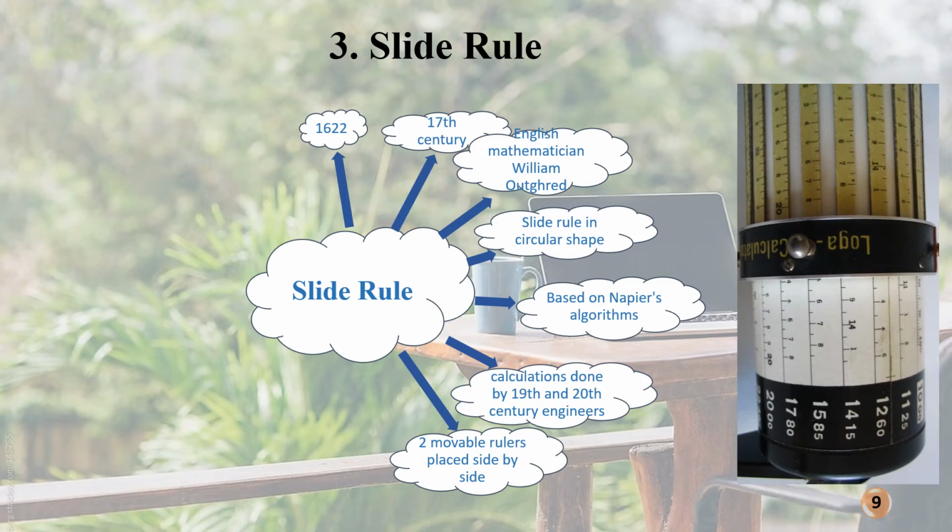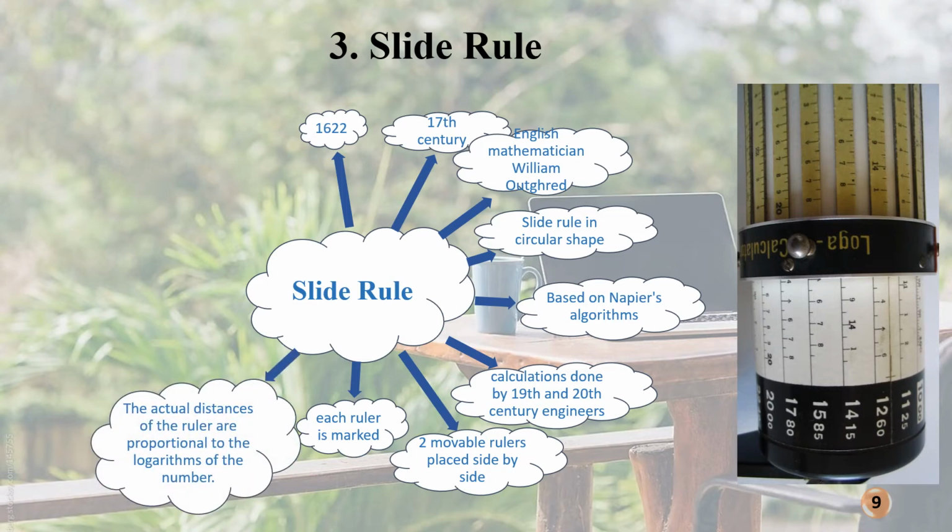It has two movable rulers placed side by side, and each ruler is marked in such a way that the actual distances on the ruler are proportional to the logarithms of the numbers on the ruler.